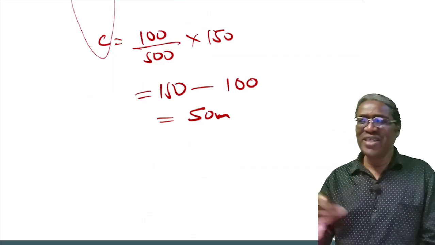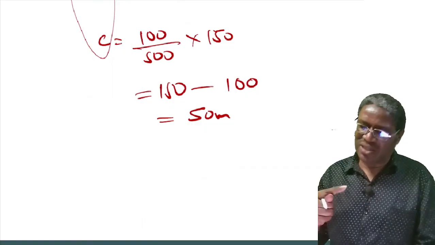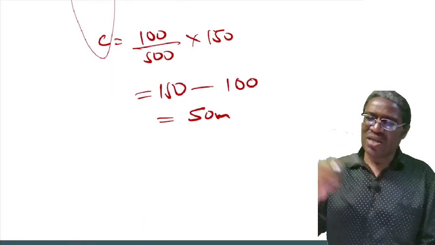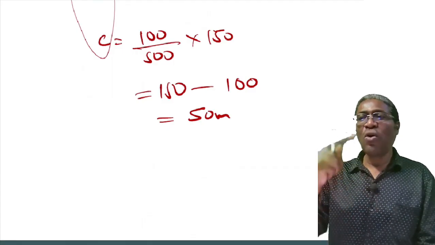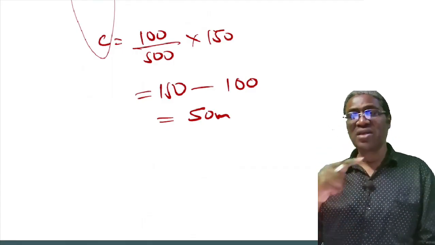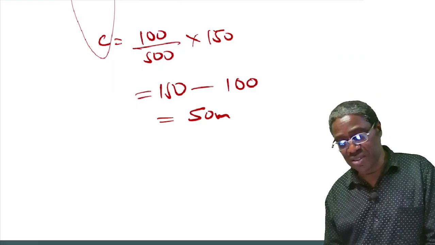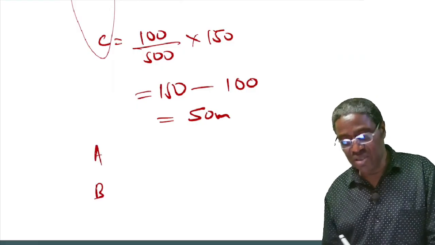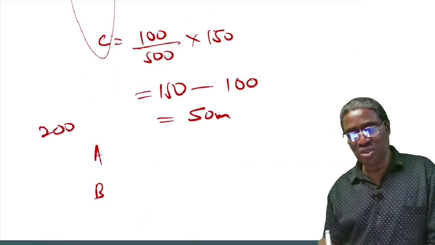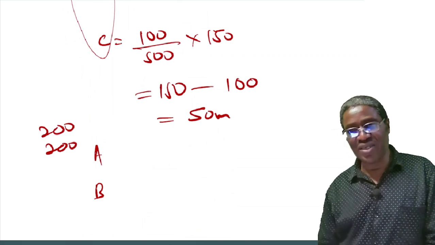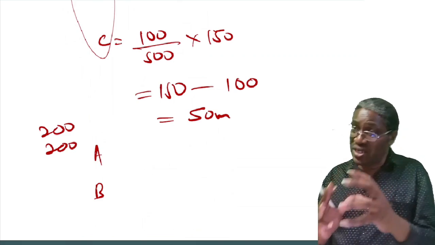Listen, it is that 50 balance that you now write off against the other assets in the unit on the basis of their carrying amount. Remember, we are remaining with two other assets, asset A and B. What was the carrying amount of asset A? 200. What was the carrying amount of asset B? 200. So the remaining assets have a total carrying amount of 400.